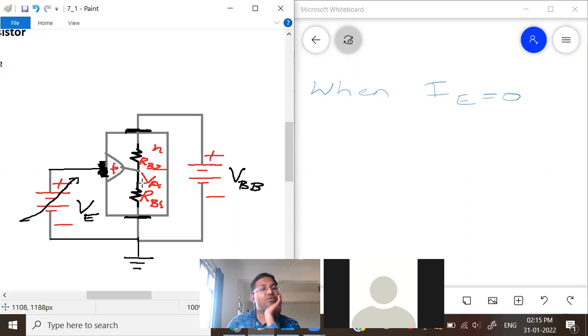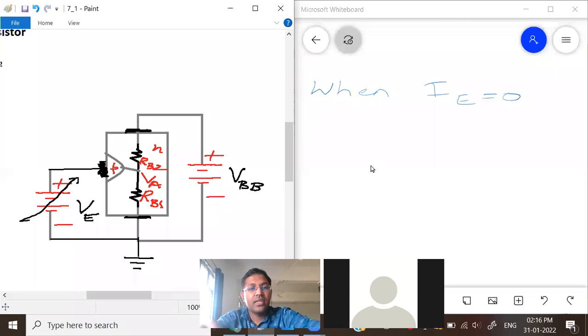So we can make use of the voltage division rule and get VA. Can anybody use the voltage division rule and tell me what VA is here for this case? What will VA be? VBB into RB1 by RB1 plus RB2. VA will be VBB into RB1 by RB1 plus RB2.